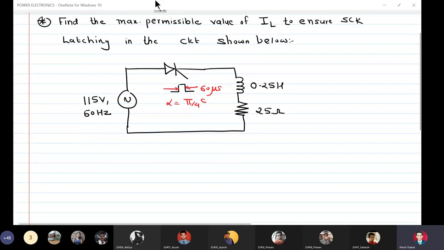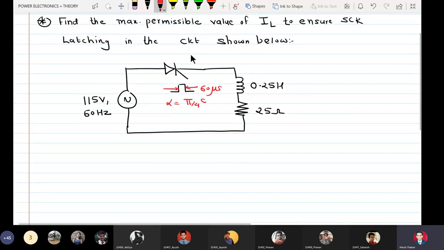So what is not given here is the latching current. In the previous numericals latching current was given and we were expected to find out, for a firing pulse of the given duration, say 40 microseconds or 50 microseconds, whether the SCR will latch or not. In another numerical, again the input was DC and we had to find out the limiting value of the firing pulse.